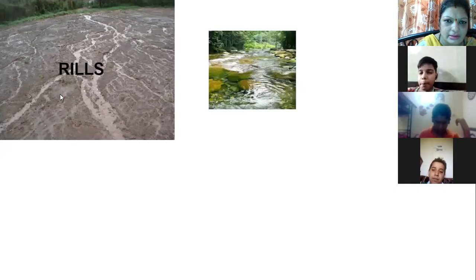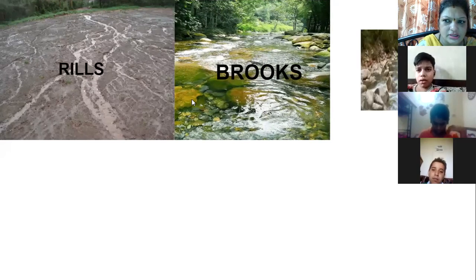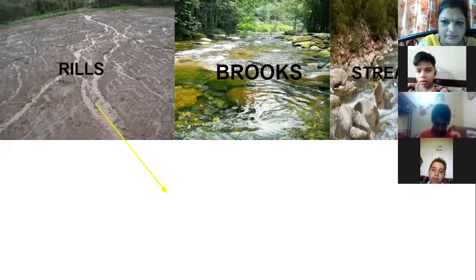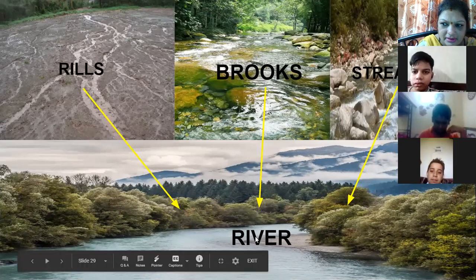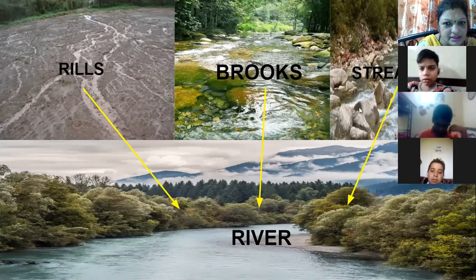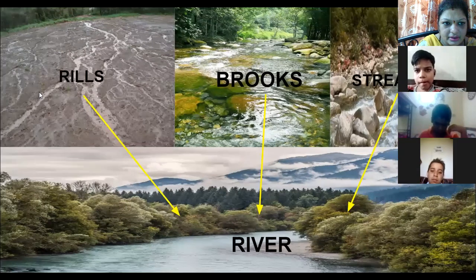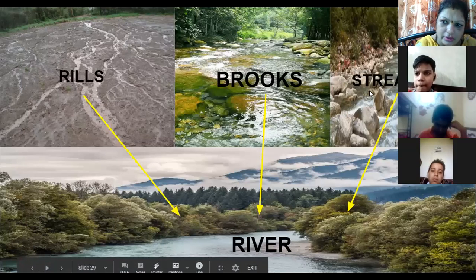So you can see the rills, brooks, and streams. Rills, brooks and streams come together and then they form a river. Again, I'll repeat. Now these are fresh water bodies. Rills, brooks, streams, all these together.